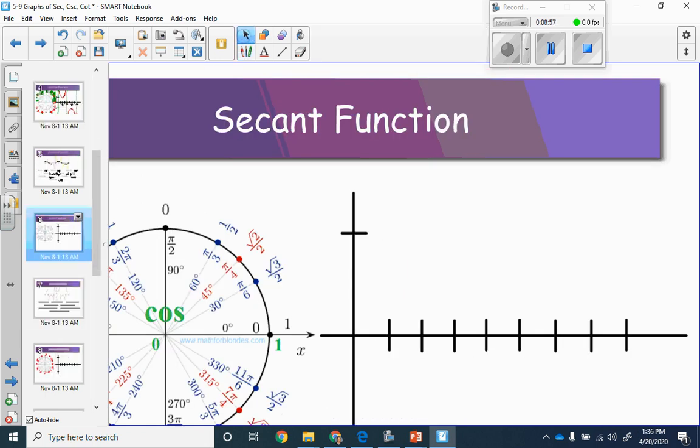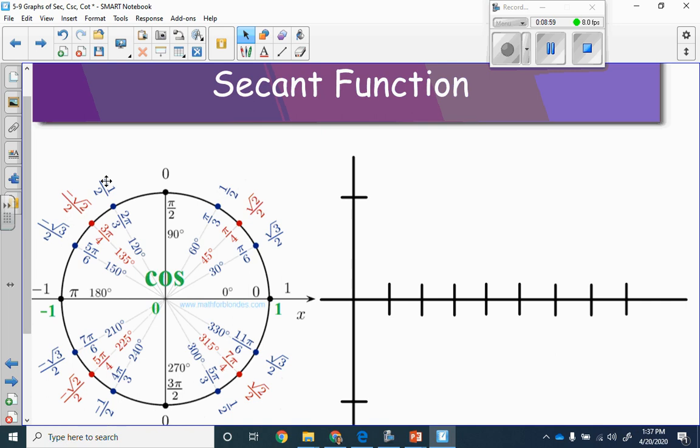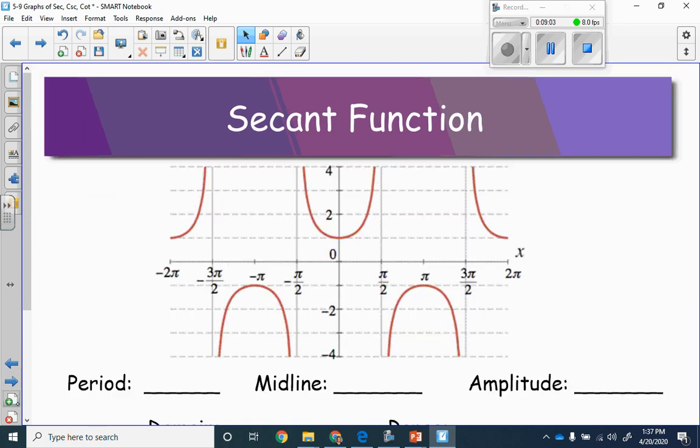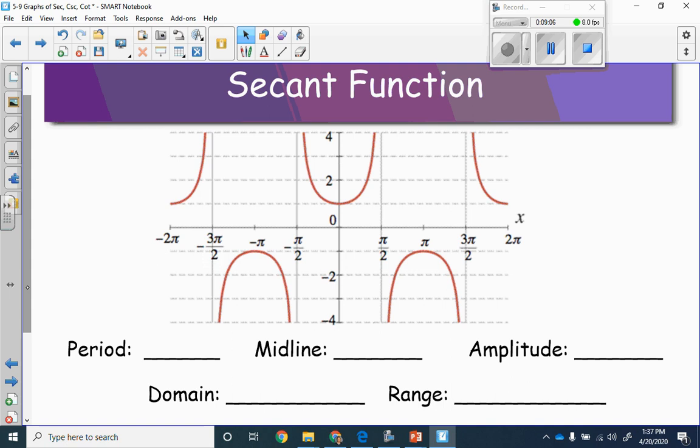The same thing is going to happen with cosine. Now, we could take all of our reciprocals here and graph it out, and that's going to give us our secant function. I'm just going to jump to here, where here is your secant function. And if you look between here, you can see there's your cosine curve.